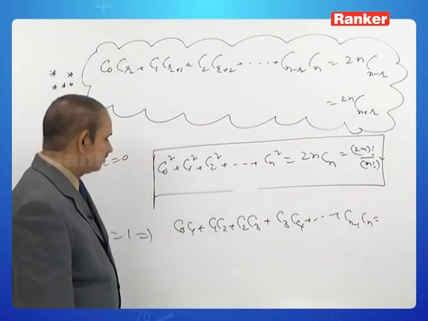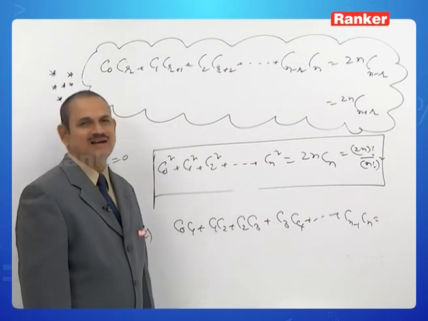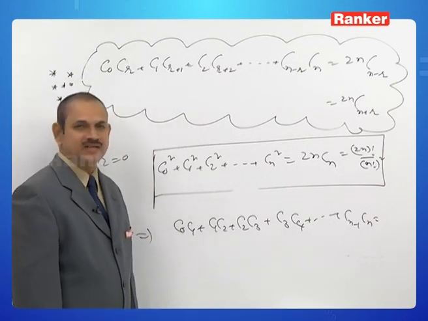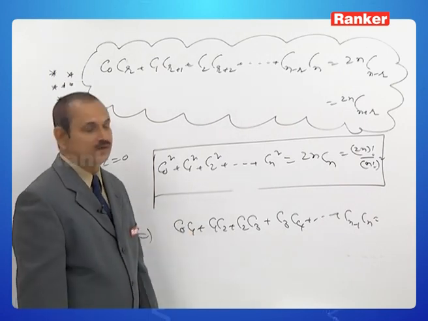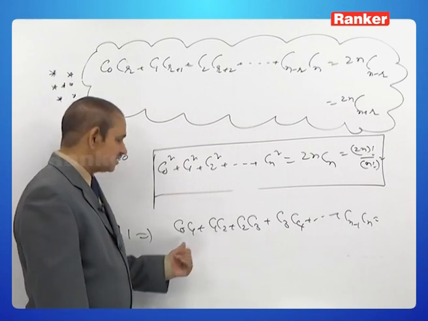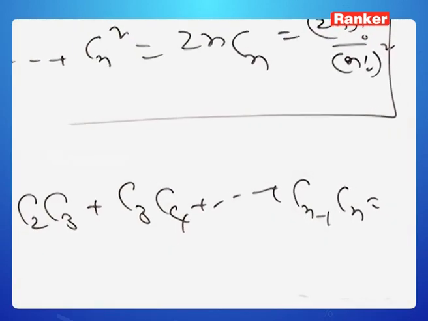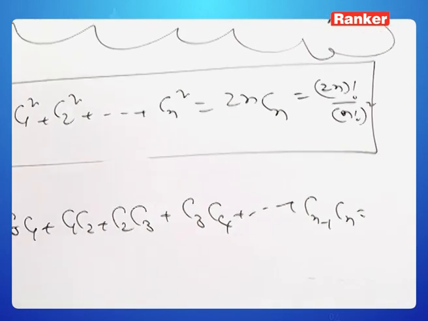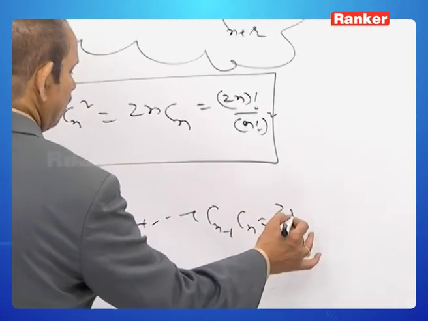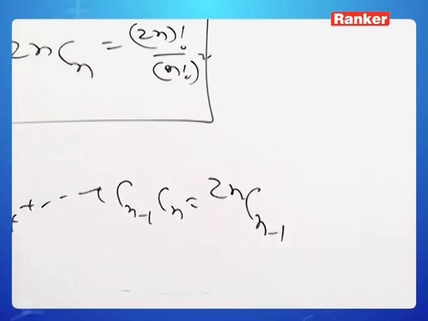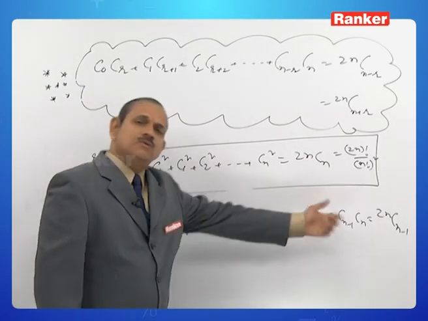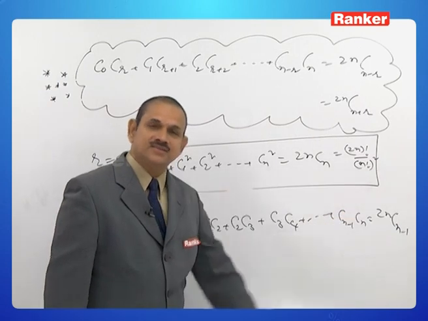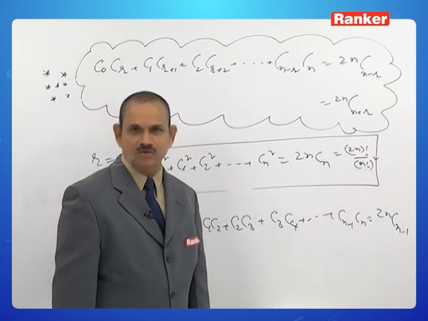What is it? Sum of the products of binomial coefficients taken two successive coefficients at a time. C0 C1, you observe them, successive coefficients C1 C2, C2 C3, C3 C4, Cn minus 1 Cn is therefore equal to 2n Cn minus 1, or equivalently you can have it to be 2n Cn plus 1 also. Yes, by taking R is equal to 1.